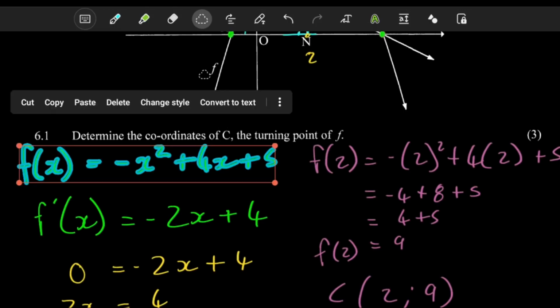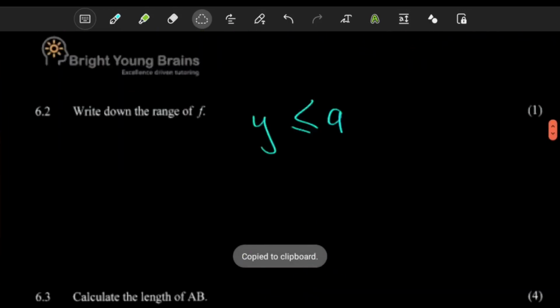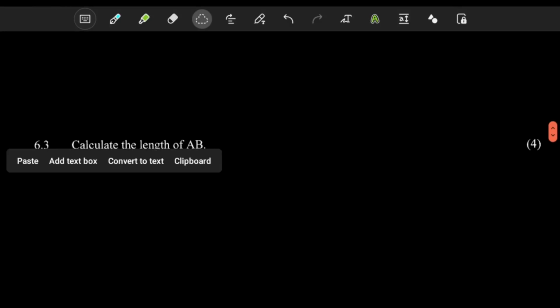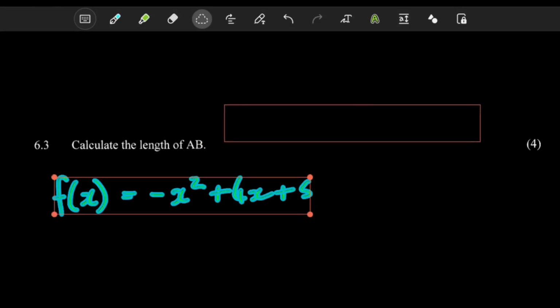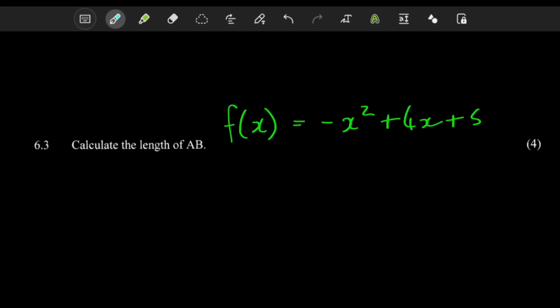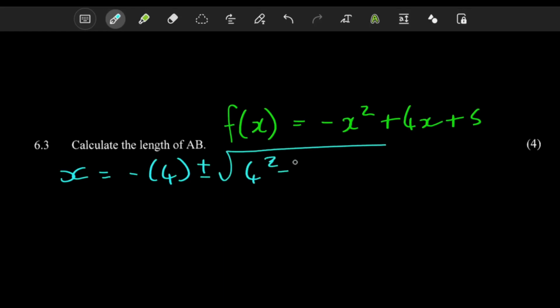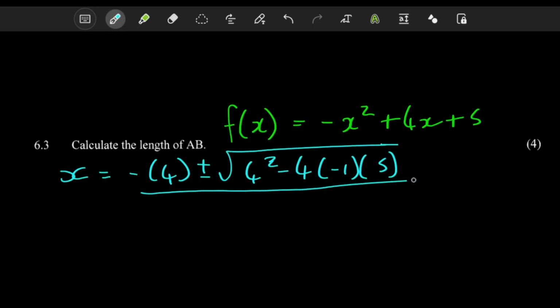You could say let's factorize, but usually when the a value is negative, I just use the quadratic formula, because it's less hassle. x is equal to minus b plus minus the square root of b squared minus 4ac, the whole thing over 2a.